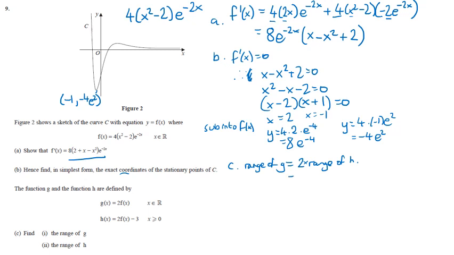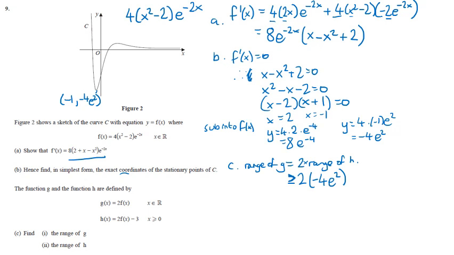So the range of f originally was from the lowest point of minus 4e squared and then just greater than or equal to that. So the range of g is greater than or equal to 2 times minus 4e squared.